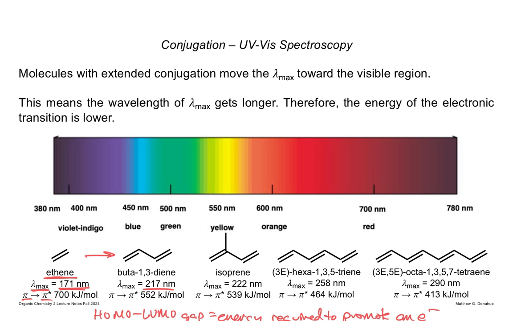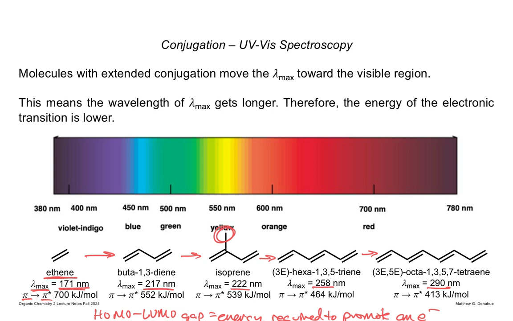And you can see as we add a substituent, we get to isoprene. We can add more conjugation, we get to the hexatriene. We can get to the tetraene, and you can see that the wavelength is gradually increasing, but the gap energy is decreasing.